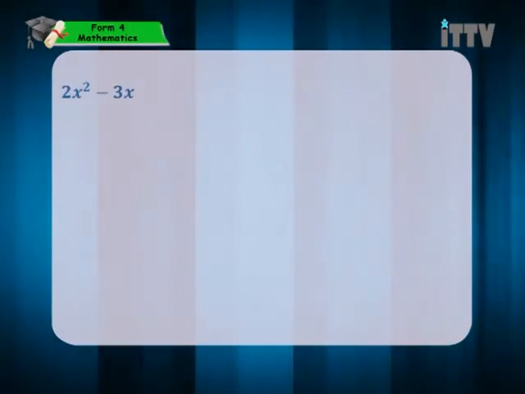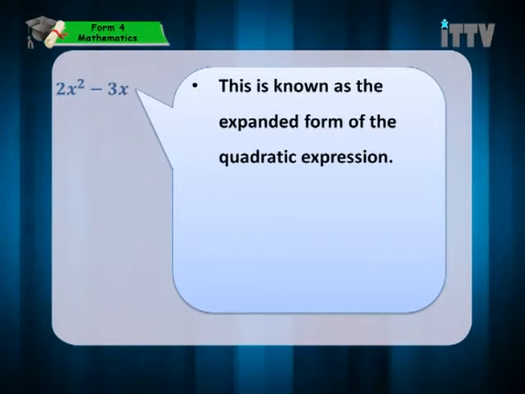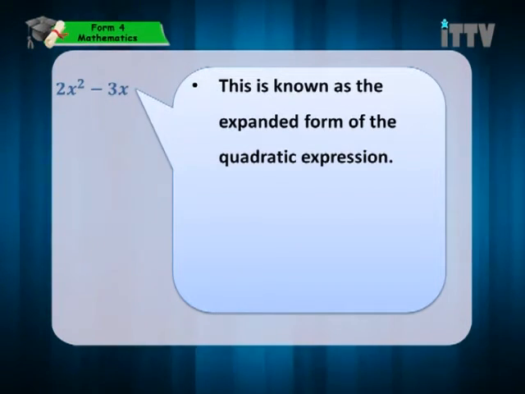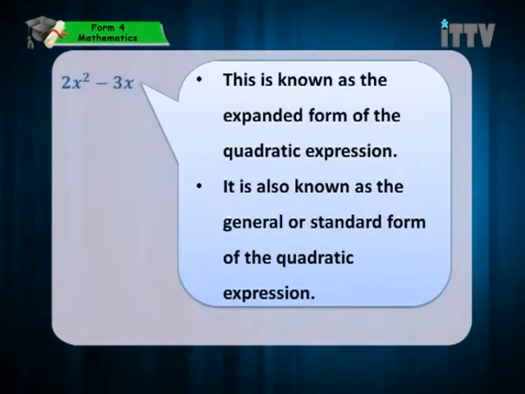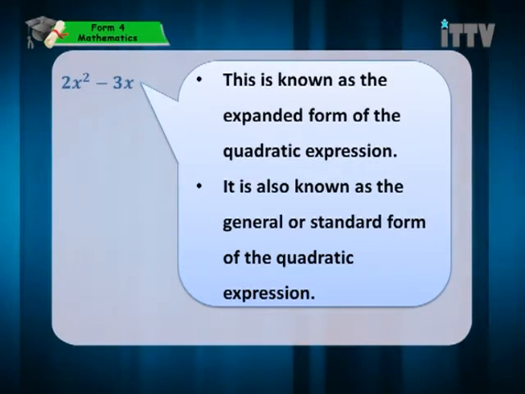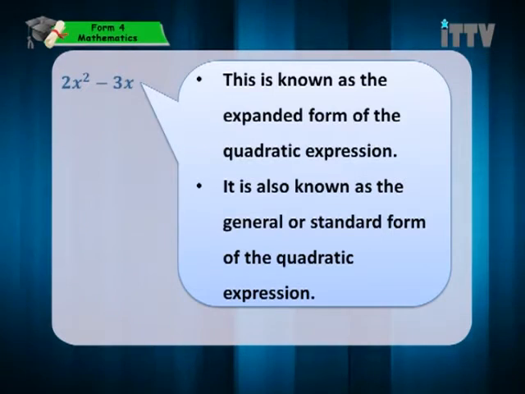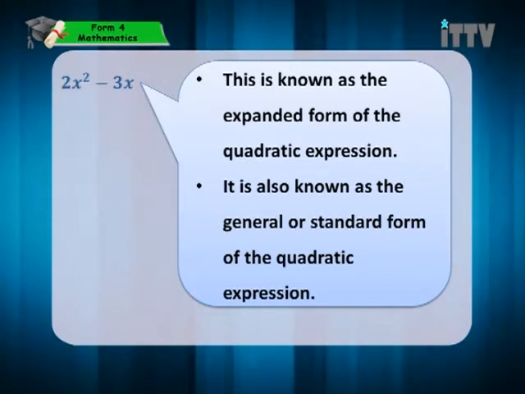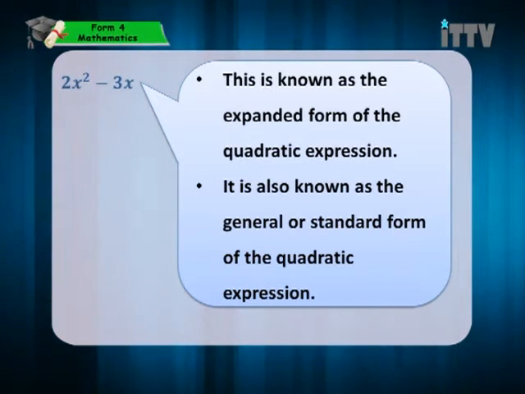And what about 2x squared minus 3x? This is known as the expanded form of the quadratic expression, and also the general or standard form. So expansion and factorization are the inverse of one another.